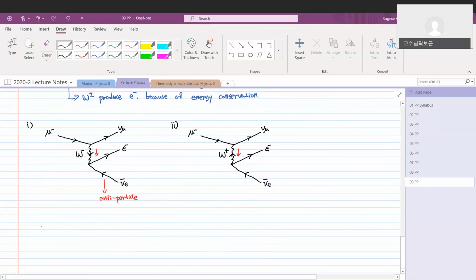So here we consider conservation of plus minus charge.